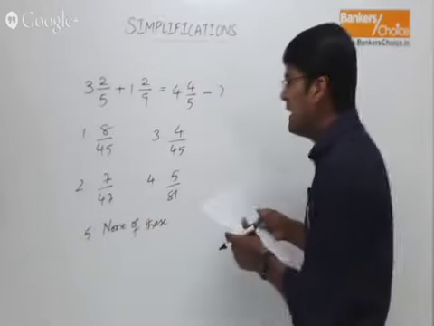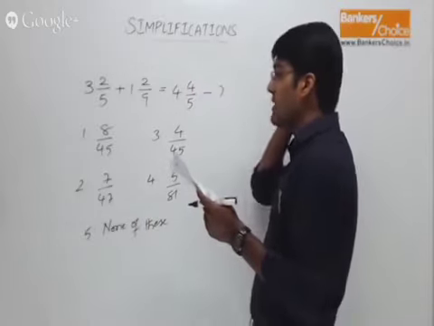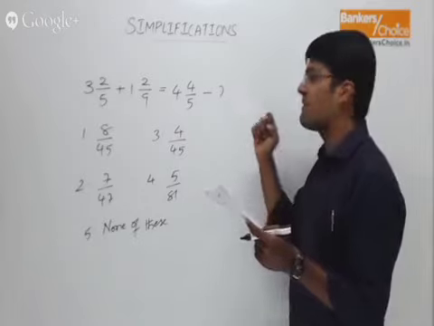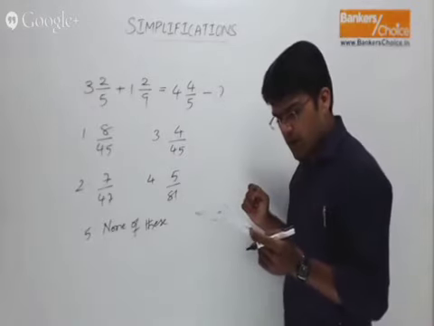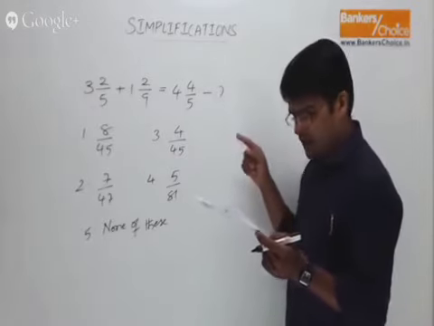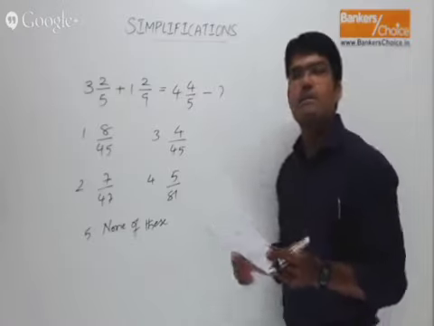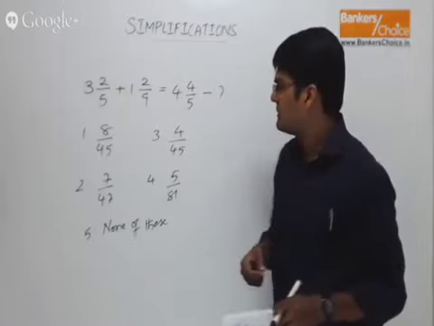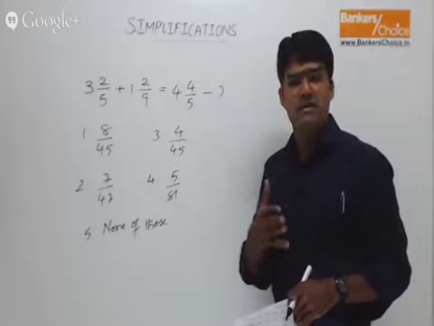Right? So the question says 3 2 by 5 plus 1 2 by 9 equals 4 4 by 5 minus question mark. 8 by 45, 7 by 47, 4 by 45, 5 by 81, and none of these. I'll give you about 40 seconds, should be enough, right? Your time starts now.